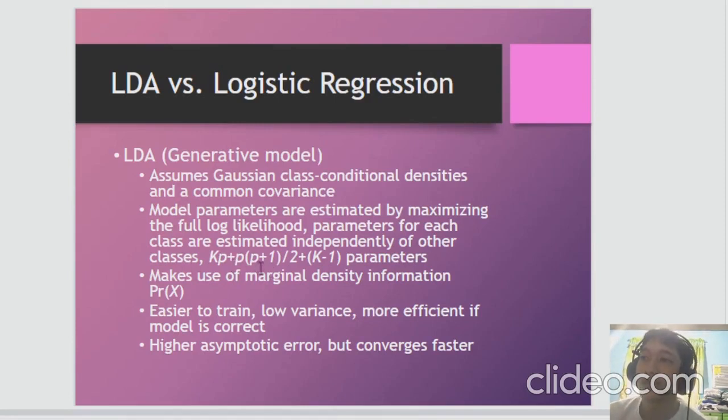Kp plus p times p plus 1 divided by 2 plus k minus 1 parameters. It makes use of marginal density information, P of X. Easier to train, low variance, more efficient if model is correct. So medyo risky. Higher asymptotic error but converge faster.